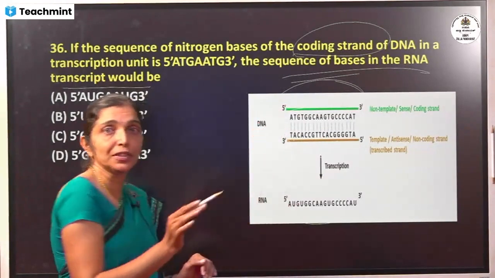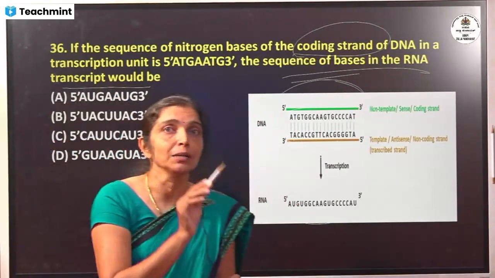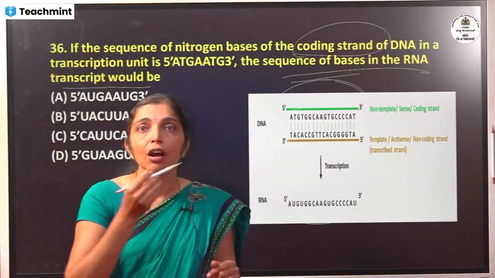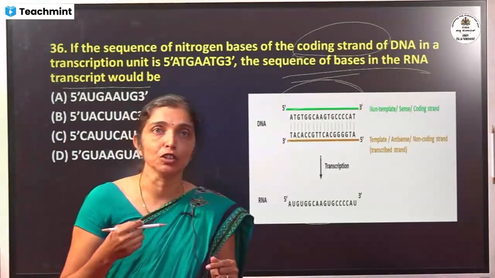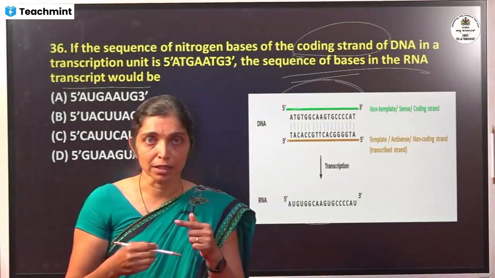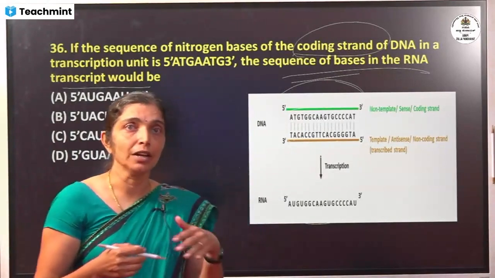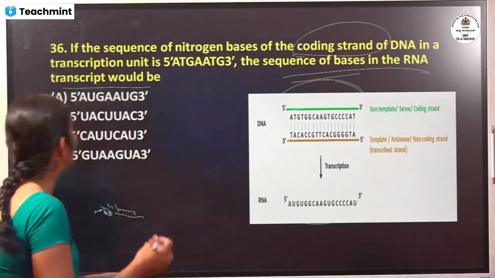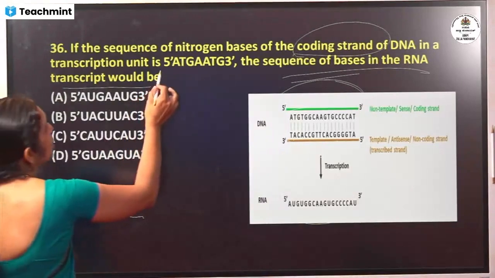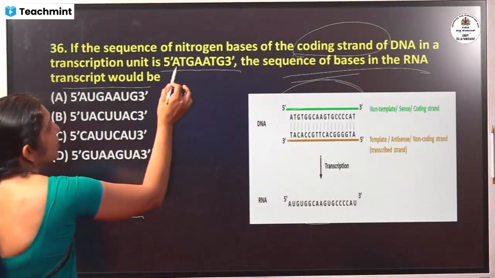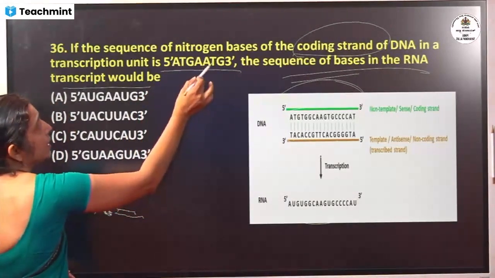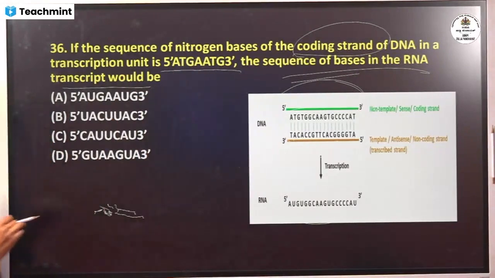The only difference is that wherever there is thymine in the coding strand, on the mRNA you will have uracil, because in the mRNA you don't have thymine, isn't it? You have uracil over here. So if the coding strand is 5' ATG AATG 3', what will it be in the mRNA?